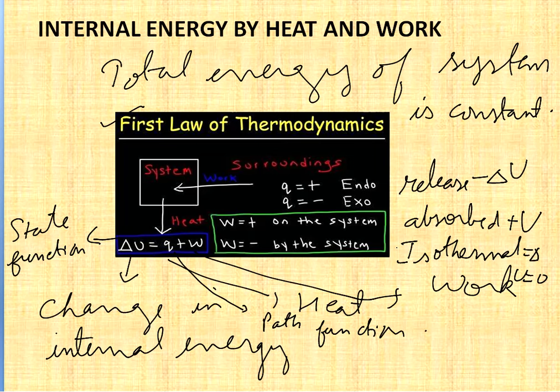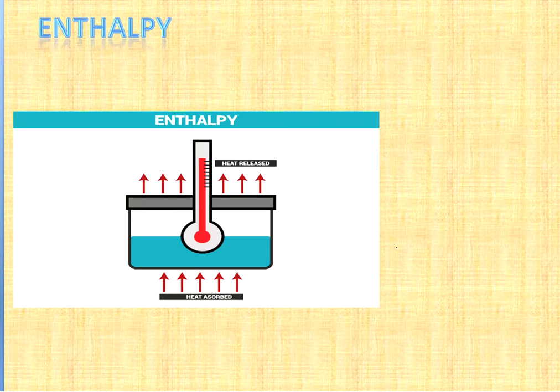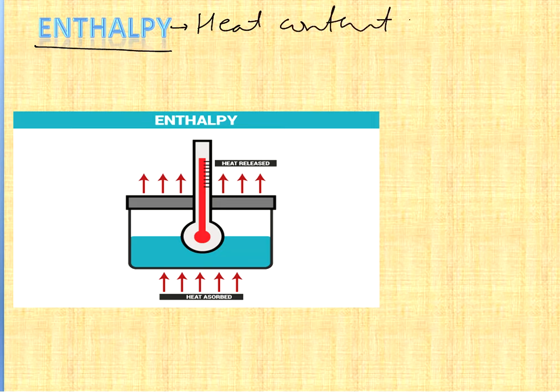Clear? The next part is enthalpy. This is the most important part according to the board exams and the competitive level exams. What is enthalpy? It is the heat content of a system at constant pressure.